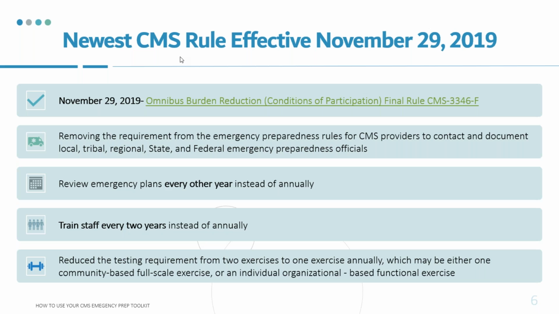These are all changes that will be in place as of November 29th. Again, if you're a skilled nursing facility, none of these changes apply to you. So you still need to do 2 exercises annually, you still need to review your plan annually, and you still need to train your staff annually.